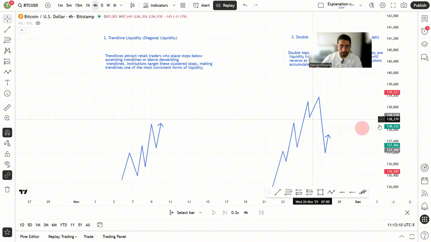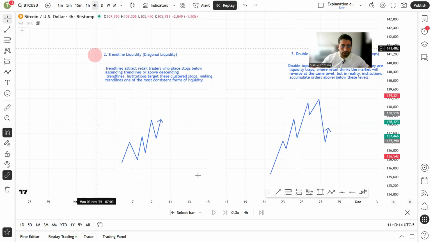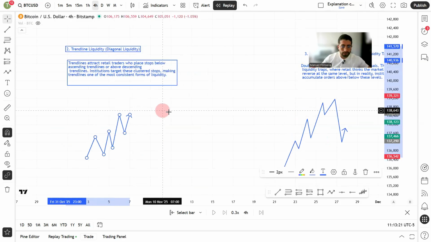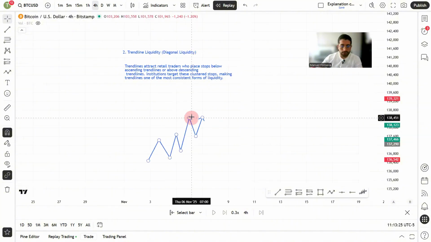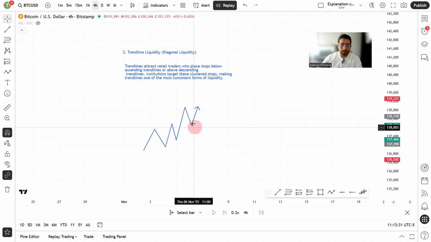All right. Next pattern of confirmation, it's called trend line liquidity. Or as you can also see or listen to, there are also other names, no? Like channels or all this stuff.